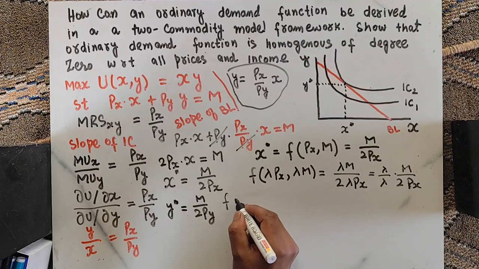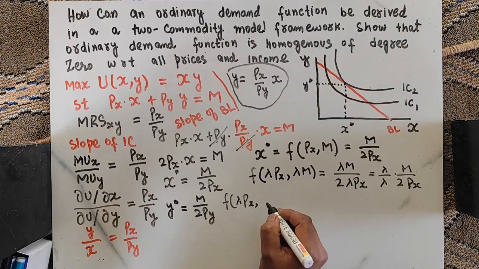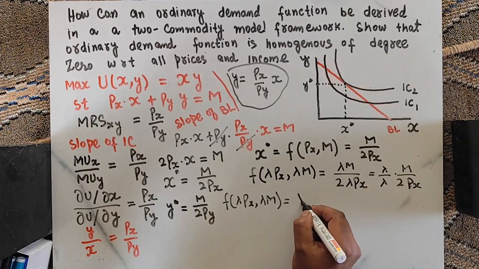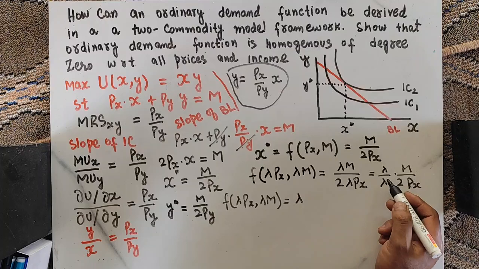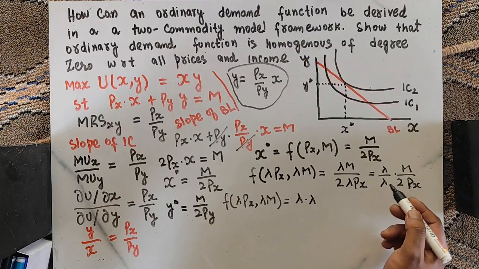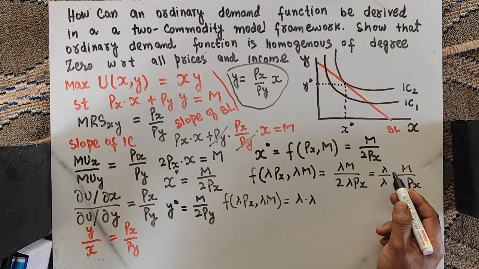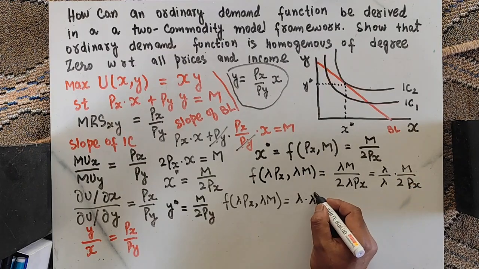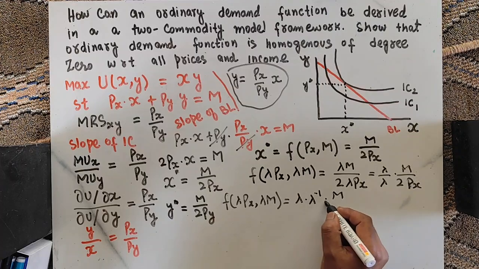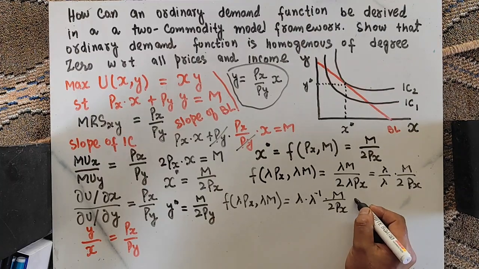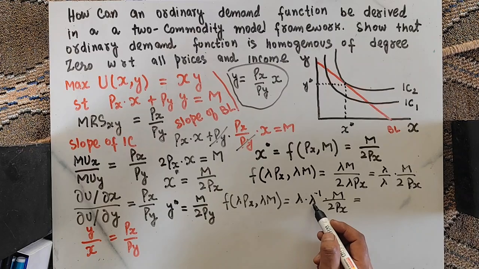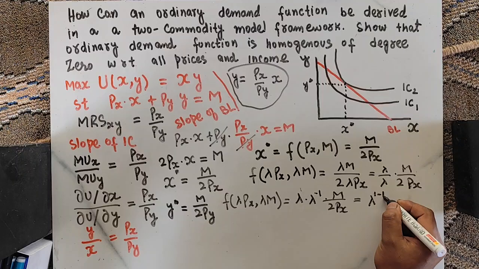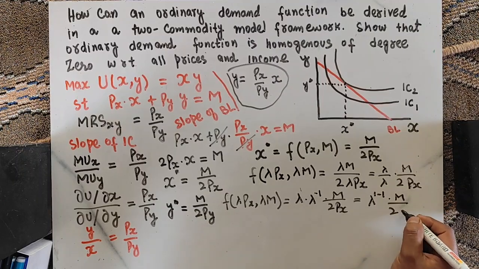That gives us f of lambda px, lambda m. Since we have lambda in the denominator, can we rewrite it like this? Lambda raised to the power -1, since if I transpose this to the numerator, its exponent sign will change, times m upon 2px. Since the bases are the same, we can add the exponents. So we have lambda raised to the power 1 minus 1 times m upon 2px.